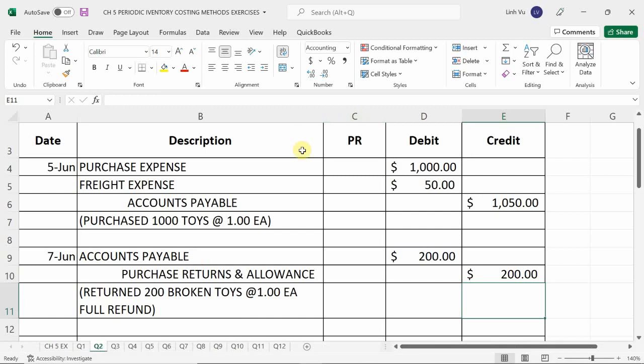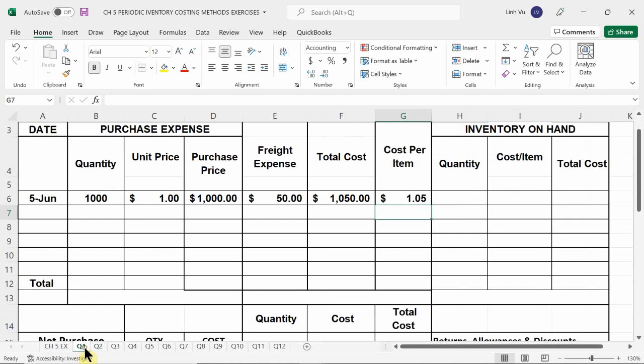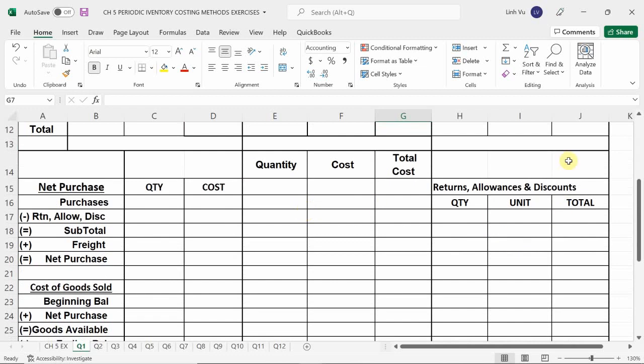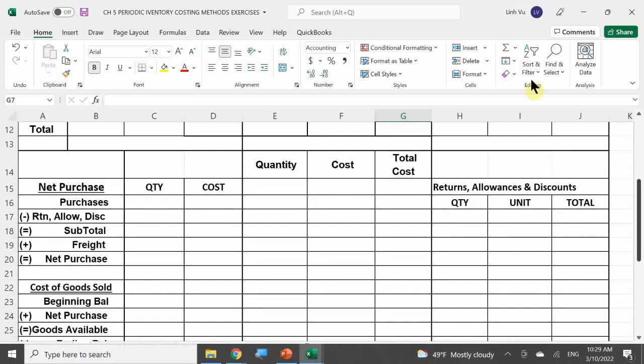Now, let's go ahead and plug this into my inventory worksheet, okay? Now, this is where the worksheet's going to become a little fuller, okay? So in this case, there is a section where you need to put in your returns and allowances, and that will be this bottom right corner here where it says returns, allowances, and discounts.